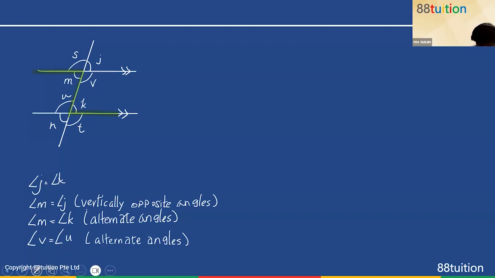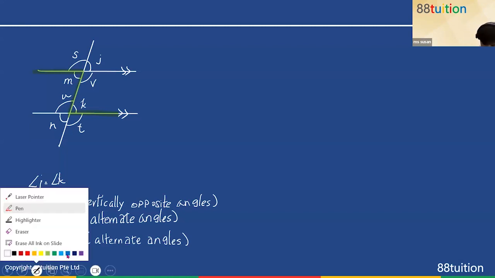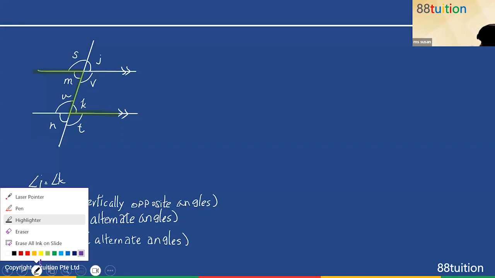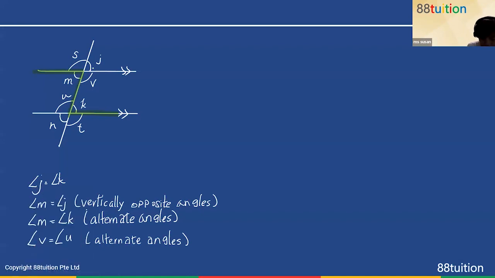Okay, so I show you this highlighter. I'm going to highlight using this. Do you see that I have this line here, a parallel line? And this is the parallel line that is here. Then I'm going to do this. Do you see that this angle here?